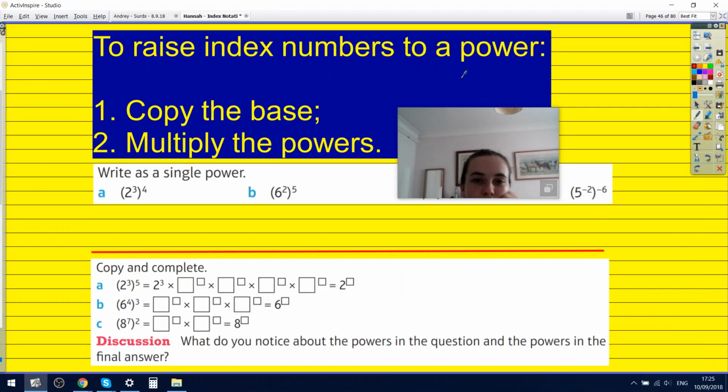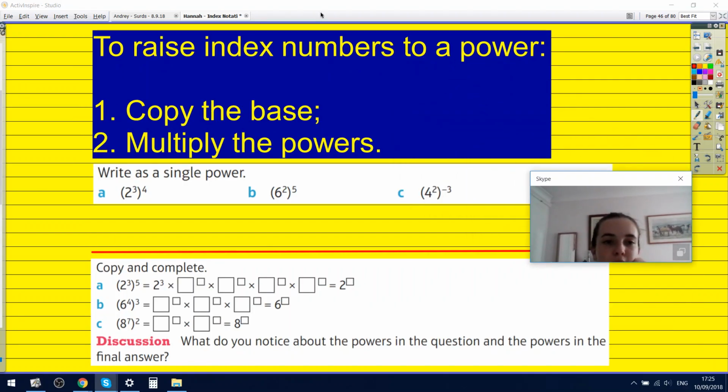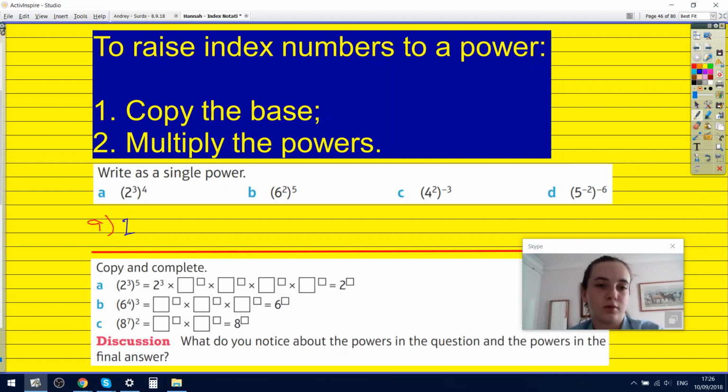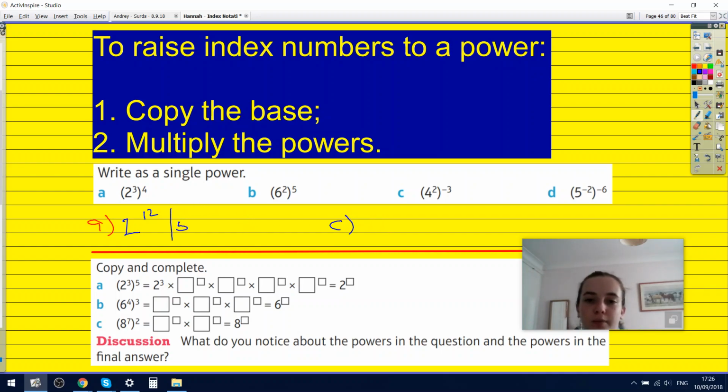And so to raise an index to a power, you copy the base and multiply the powers. So what would be A? 2 to the 12. How about C? 6 to the 10. Okay. Oh, wait, no, it's B. Yeah, sure. Okay, go on.